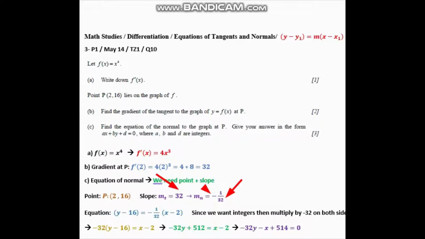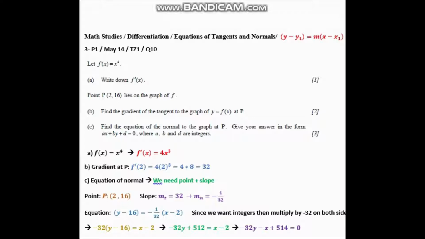If the slope of the tangent was, for example, 2 over 5, then the slope of the normal would be negative 5 over 2. So you switch the sign and you flip the fraction. If there is no fraction, as in this case, you just write 1 over. So 32 becomes 1 over 32, and it becomes negative.